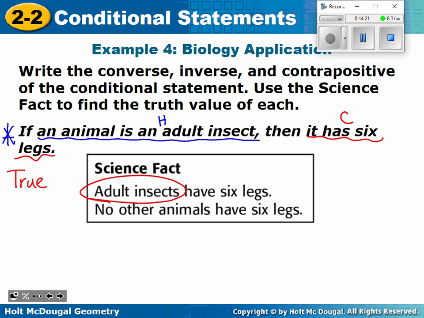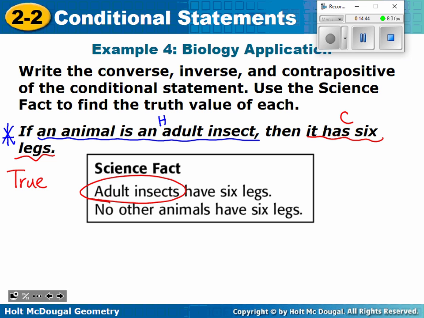Okay, so the two in the middle, the converse and the inverse, they always have the same truth value. The original conditional, and if you switch and negate your contrapositive, always have the same truth value. They could both be false, they could both be true. Over there, they were all true, so that didn't show it very well. That's why I wanted one that would switch.